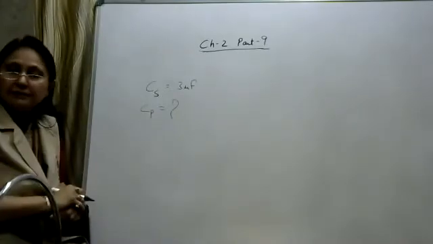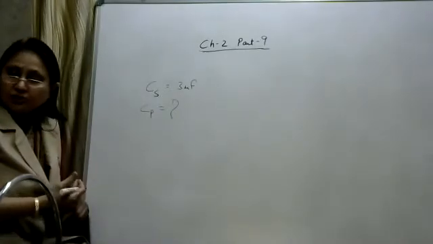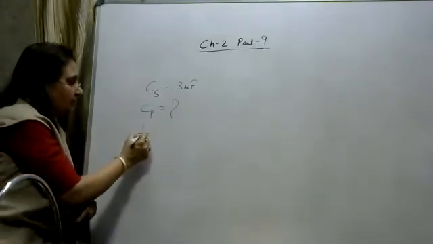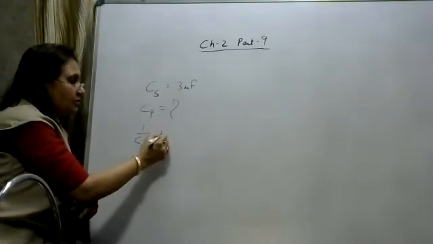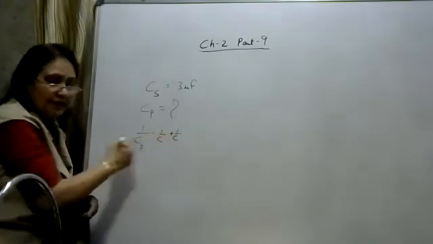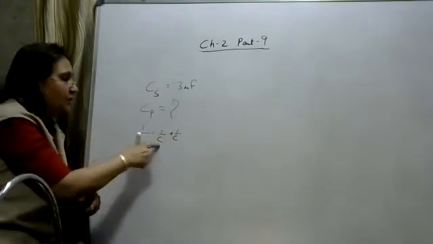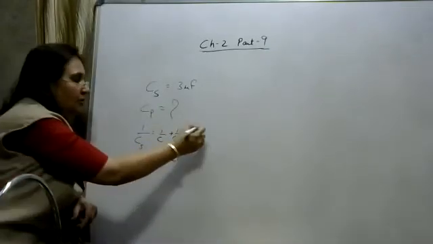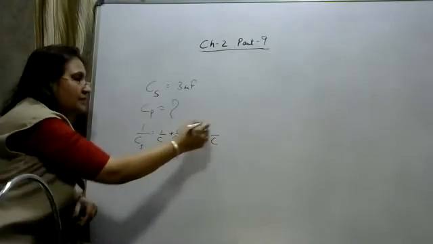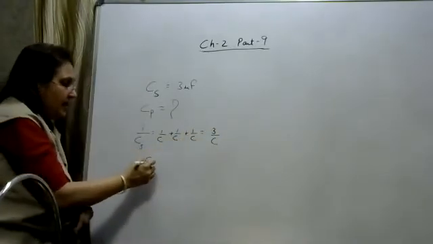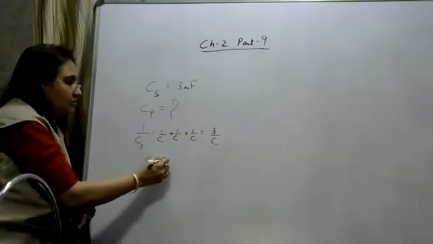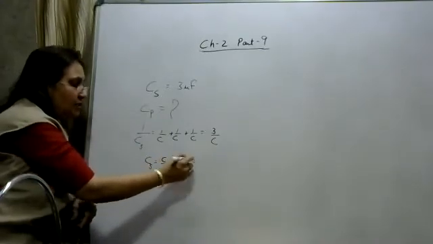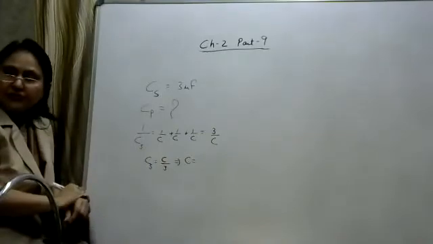If one is having a capacitance C, the other two also have the same capacitance C. So given here that, when they are connected in series, 1 upon equivalent capacitance is equal to 1 upon C plus 1 upon C plus 1 upon C. So C is the LCM, numerator is 3. Hence CS is equal to C upon 3.